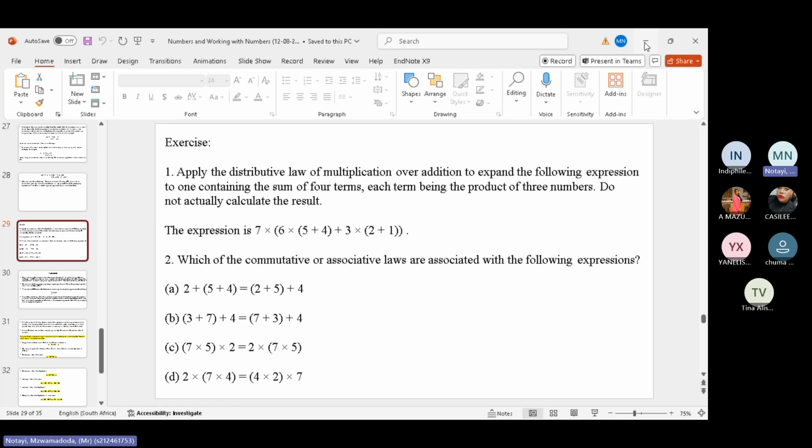Yes, that's brilliant. Now, each of those terms is a product of three numbers. We have 7 times 6 times 5, that is three numbers. We started by breaking the brackets that are inside, so that gave us two numbers for each term.